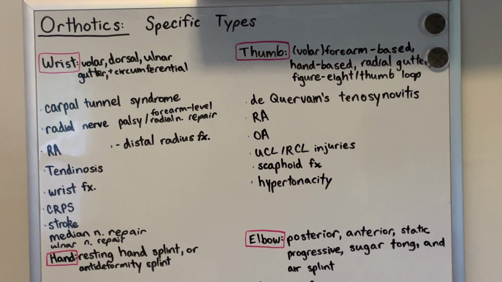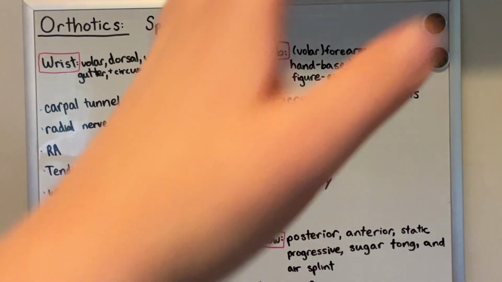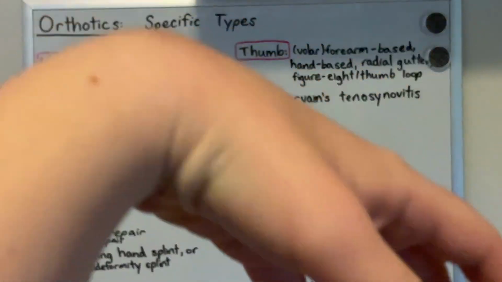Radial nerve palsy or forearm level radial nerve repair. That's going to look similar to that of carpal tunnel syndrome. You're going to be in a wrist cock-up splint, but instead of a neutral wrist, you want to keep the wrist in an extended position, because in radial nerve palsy, your hand is going to have that wrist drop position.